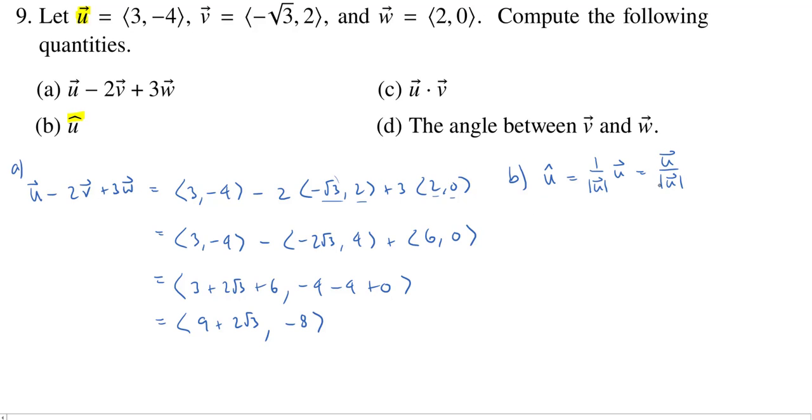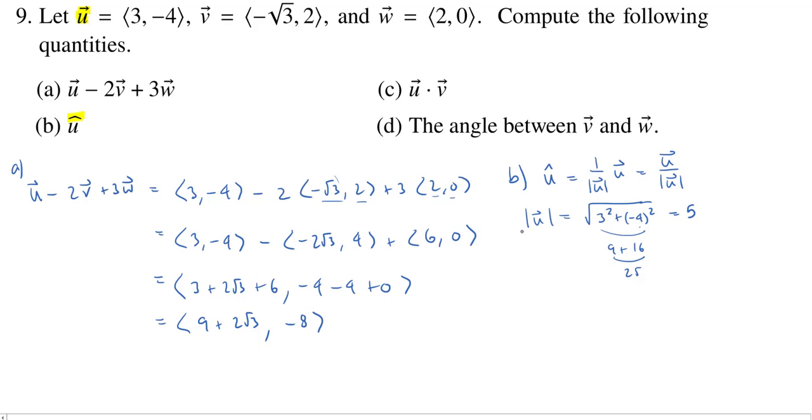So first thing we're going to need is the length of the vector u. Sorry, not the unit vector, but of the vector u. So this is going to be the square root of, well, we have to take the components and square them. So 3 squared plus negative 4 quantity squared. Okay, 3 squared is 9. Negative 4 squared is 16, 9 and 16 is 25, and the square root of 25 is 5.